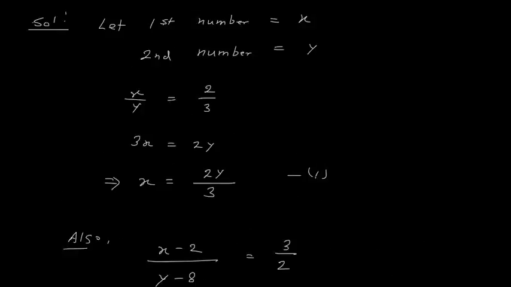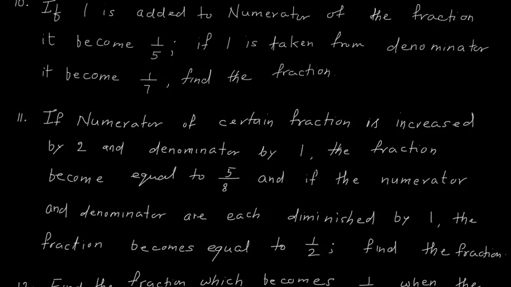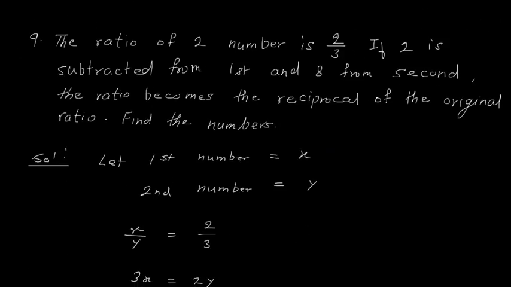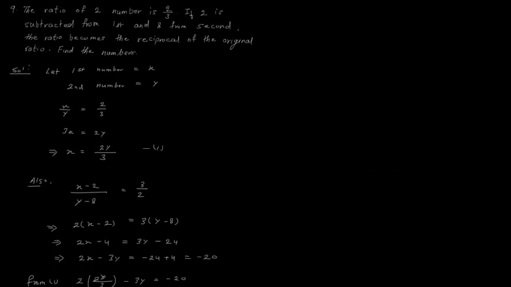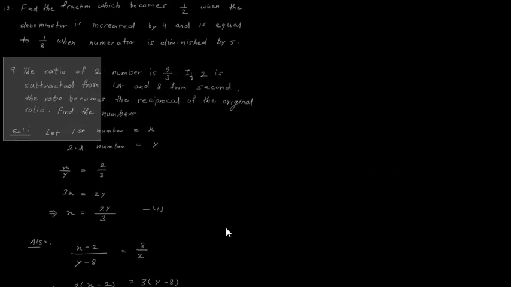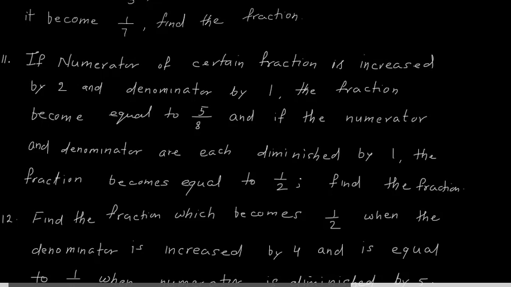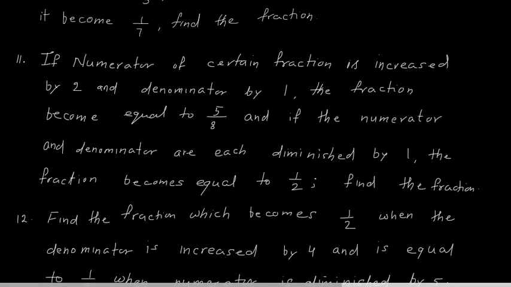Okay, 10th problem done. Now we have 2 more problems. So first let me delete this solution, 9th and 10th. 11th problem. The numerator of a certain fraction is increased by 2 and the denominator by 1.